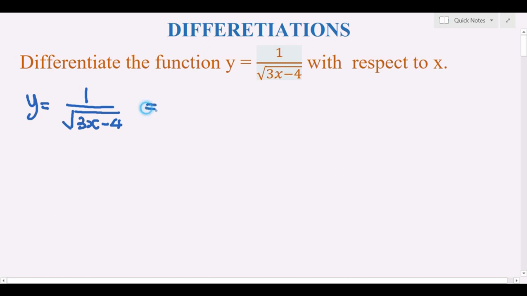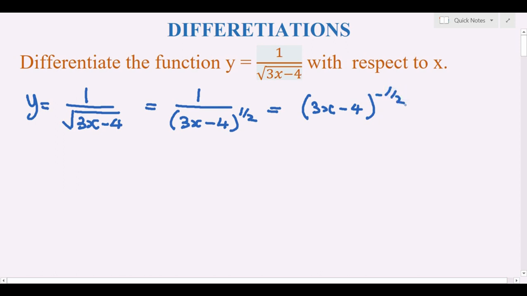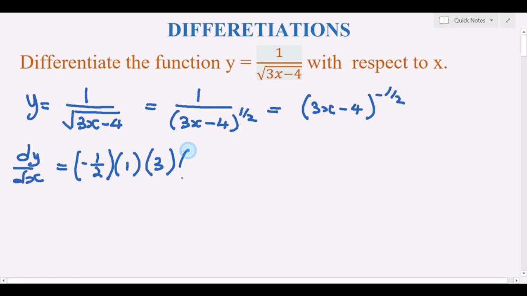We can rewrite this as 1 over open bracket 3x minus 4 all raised to the power 1/2, and this can also be written as (3x minus 4) raised to the power minus 1/2. So dy/dx will give us minus 1/2 into, that is our m, into 1, which is our a, into 3 times 1 times x raised to the power 0, which is our bcx, into (3x minus 4) all raised to the power minus 1/2 minus 1.